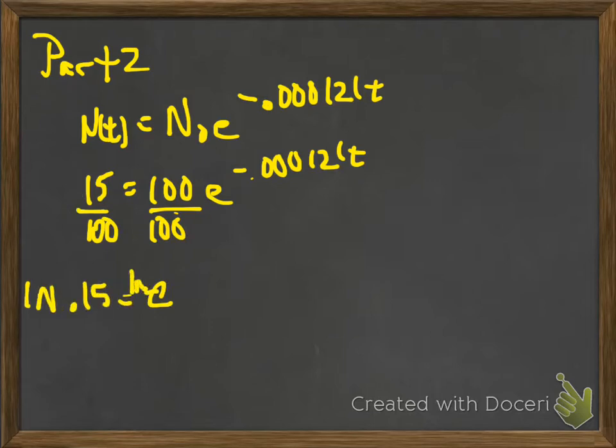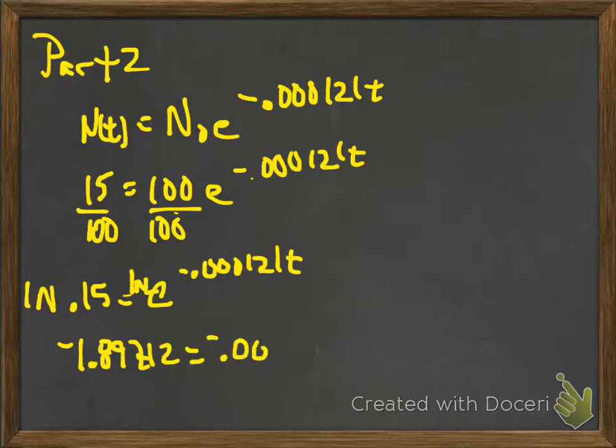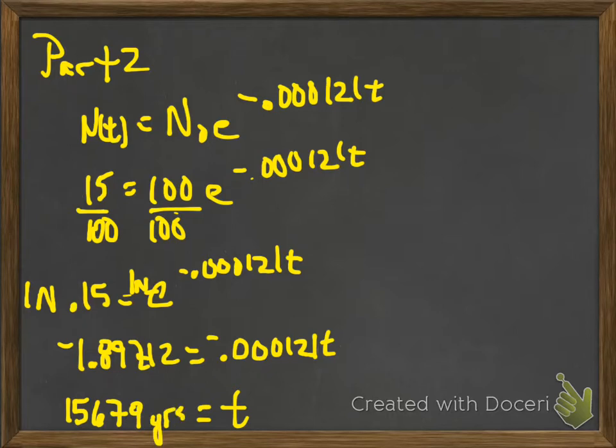And I'm going to take the natural log of those, so that I can get rid of the e. The natural log of 0.15 is equal to negative 1.89712, and again I'm going to divide by the negative 0.000121. When I do that, I get 15,679 years.